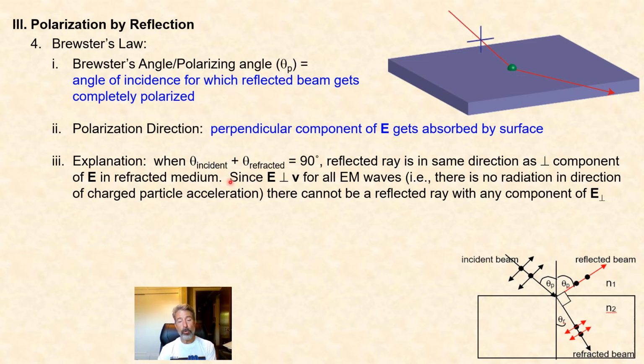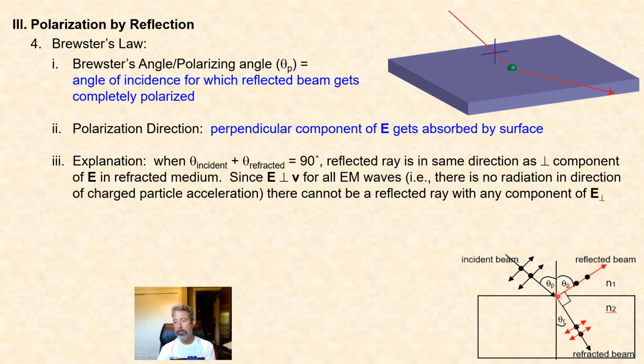Since for all electromagnetic waves the electric field must be perpendicular to the direction of propagation, that is, there is no radiation in the direction of the charged particle acceleration, there cannot be a reflected ray with any component of E perpendicular. Let me repeat what I just said. For all electromagnetic waves, the electric field must be perpendicular to the direction in which the wave travels.